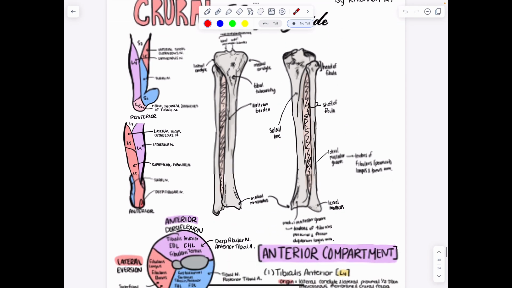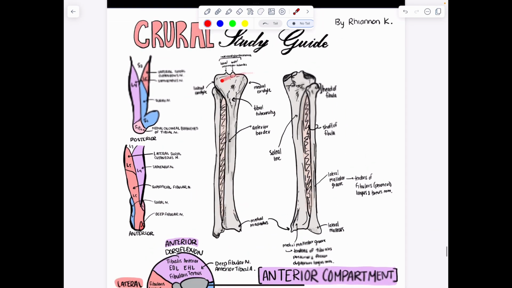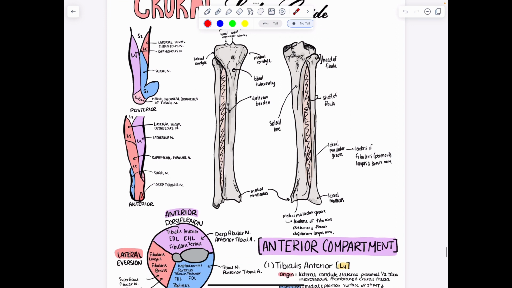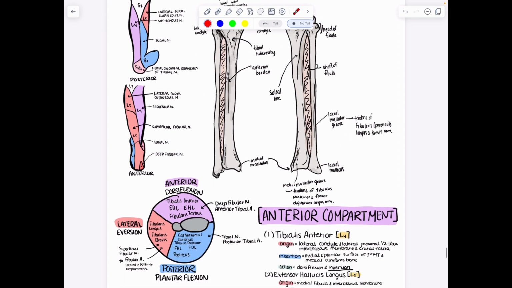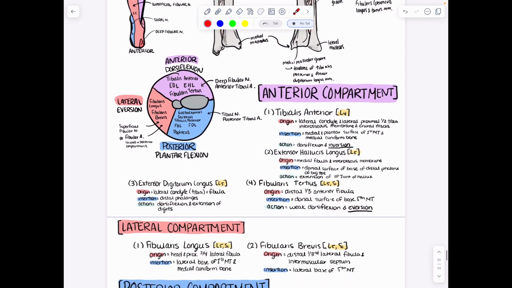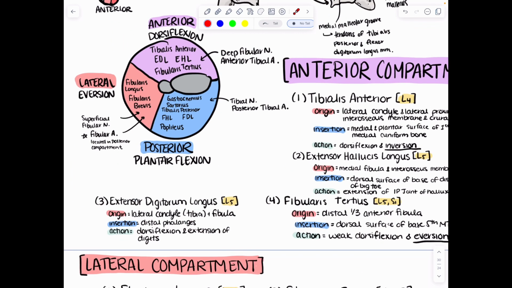So, this is me just reminding you where some of those insertions are. When I was doing these notes, there were a lot of bony markings that relate to muscle insertions, so I drew that again. But looking here, I wrote all of the muscles, but really out of this, tib anterior is the main one I want you to remember for your anterior compartment.